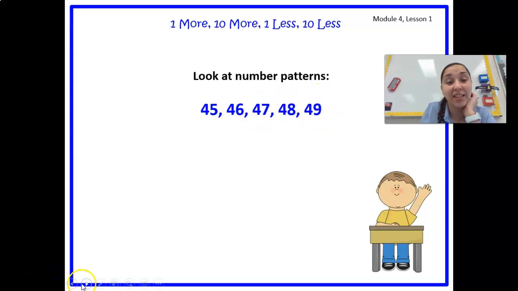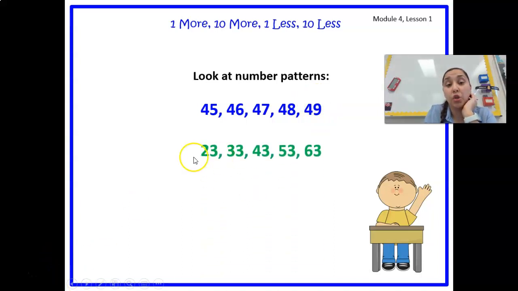Now let's look at the next number list. We have 23, 33, 43, 53, 63. What's the pattern, boys and girls? One more, 10 more, one less, or 10 less? Think about it.